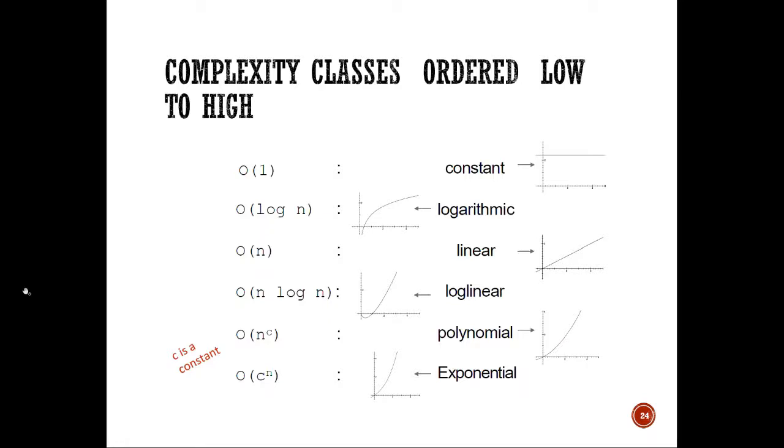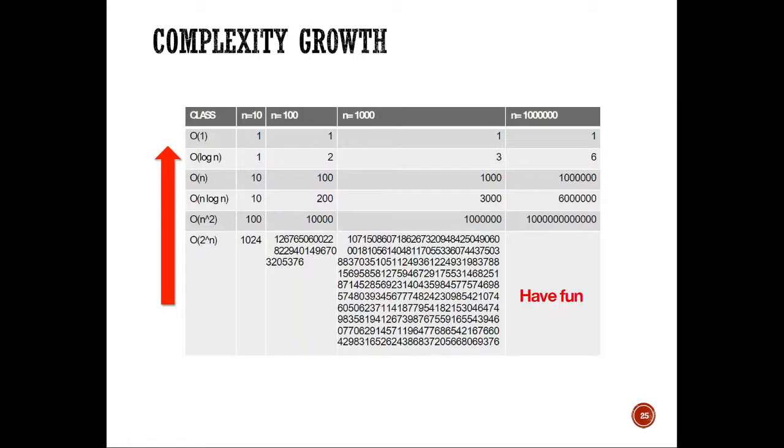These figures illustrate how the order of growth changes based on the different classes. And this table provides us with an idea about the number of operations needed in case we have a particular input size and complexity.